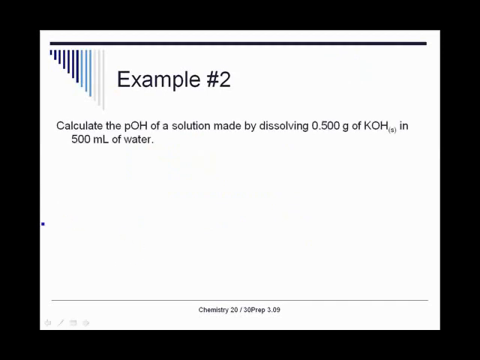We can also find pOH from dissolving a base in water. Here we have KOH being dissolved in water, and just like with acids, if we're dissolving a solid into water, we want to write down the reaction. Because this is an OH base, we can treat it as just a dissociation reaction.